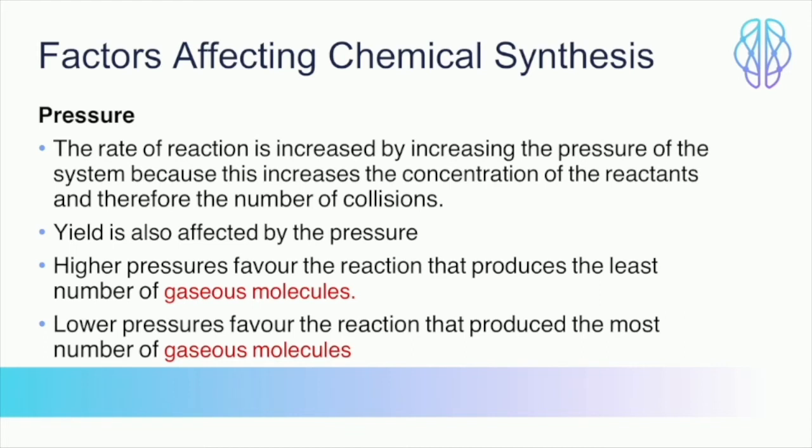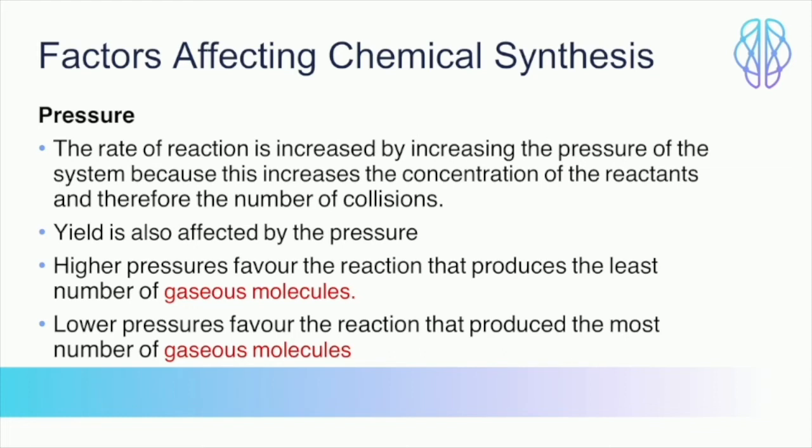However, the rate of reaction is also affected by pressure. So increasing the pressure of the system increases the overall concentration of the reactants, so they're overall closer together, and thus more likely to collide in a successful manner because they're just closer together.